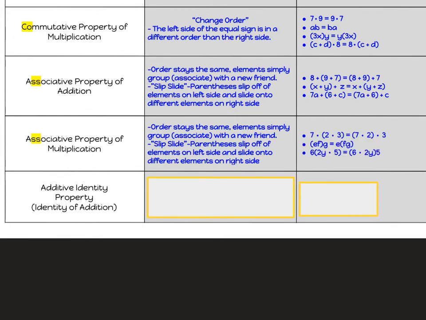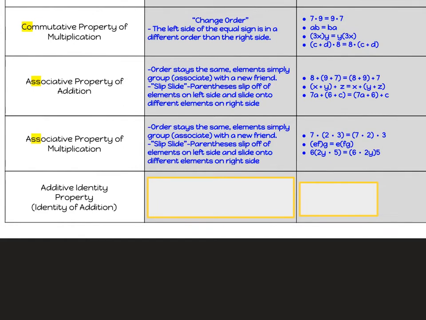Okay, so I'm going to explain the first example a little bit. If we follow our order of operations, when we do 2 times 3, we're going to get 6. And then when we do 6 times 7, we're going to get 42. So on the left side of the equal sign, we have 42.